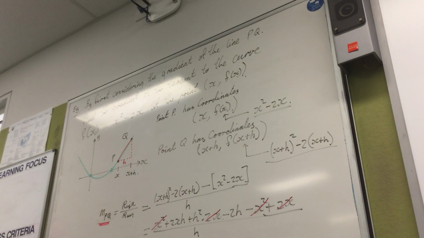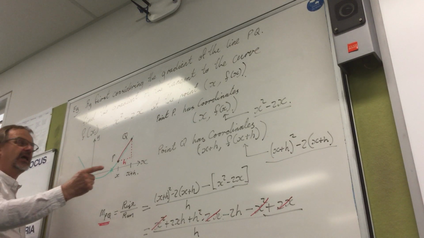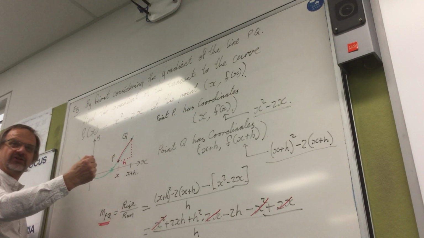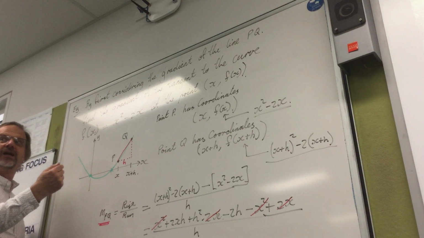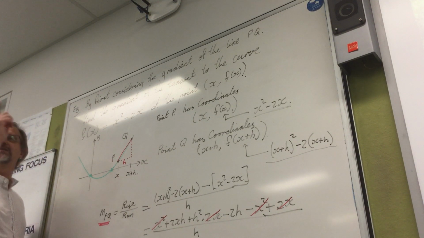It says find the gradient of the tangent to the curve. So the relationship between the gradient of the tangent and the gradient of PQ is that h goes towards 0.